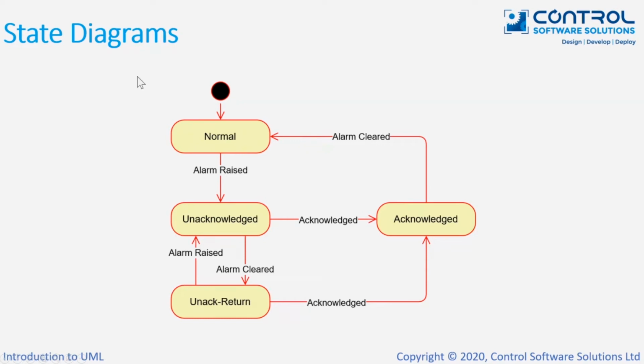Okay, so this actually comes from a real world application that I worked on recently, and we had an enum that said what the state was, and we needed to be able to maintain that and ensure that that was set correctly. So it had the state normal, which meant everything was healthy. Now, if an alarm is raised, we go to an unacknowledged alarm. So that is a state.